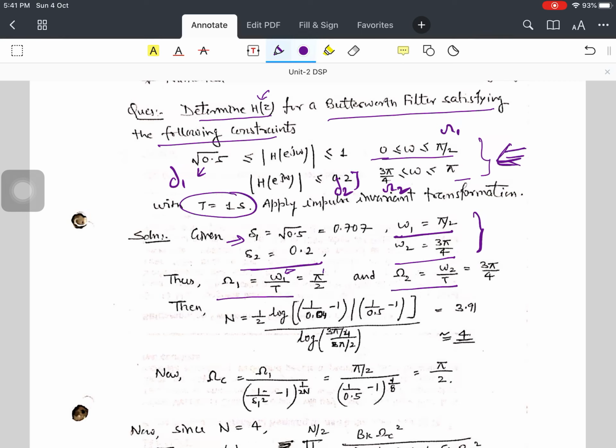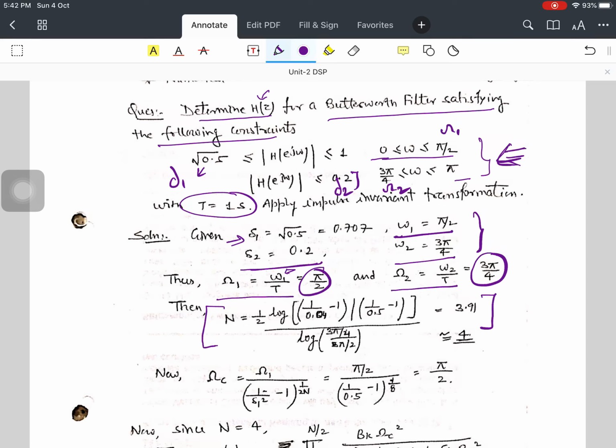So Ω1 is π/2 and Ω2 is 3π/4. Now Ω1, Ω2, δ1, δ2 are known, so we can easily calculate the order of the filter, capital N.